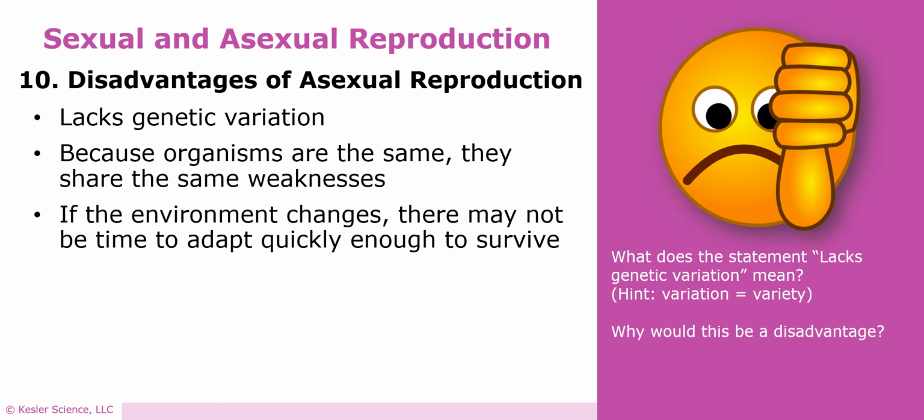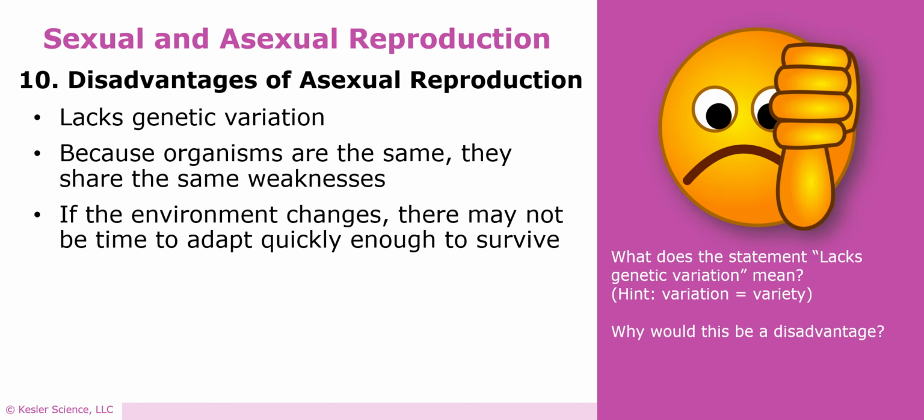Antibiotics work so well because the bacteria, they're clones of each other. So if penicillin kills one of the bacteria in your body, the penicillin will kill all of the bacteria in your body unless there was a mutation in some of those bacteria. But for the most part, cells and organisms produced with mitosis, they all have the same weaknesses.